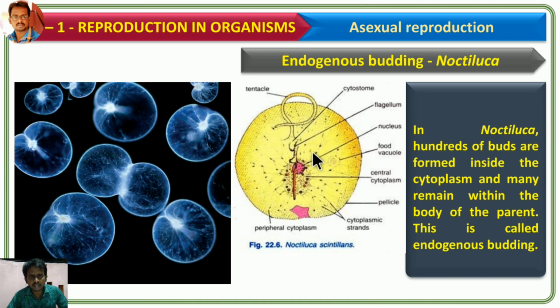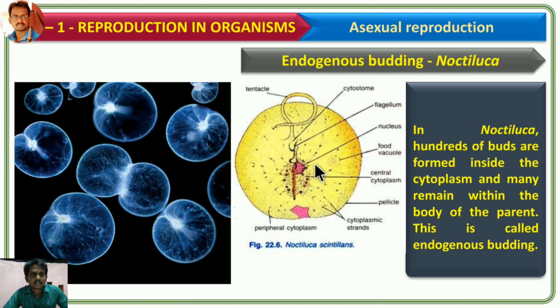Here more than hundreds of buds are formed inside the cytoplasm and may remain within the body of the parent. This is called endogenous budding. So in this technique, the buds are formed inside the body. That is the reason this kind of budding is called endogenous budding.